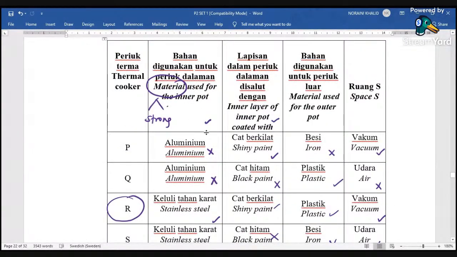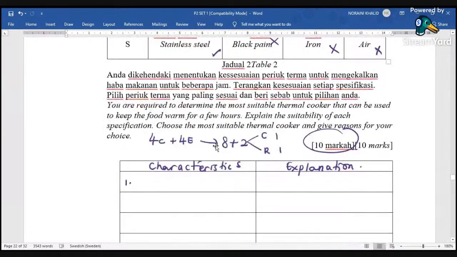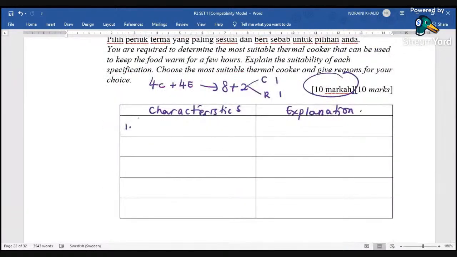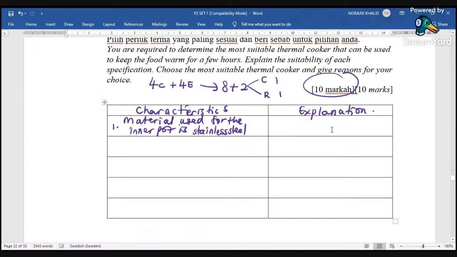Material used for the inner pot is stainless steel. Okay, you get 1 mark for this one.